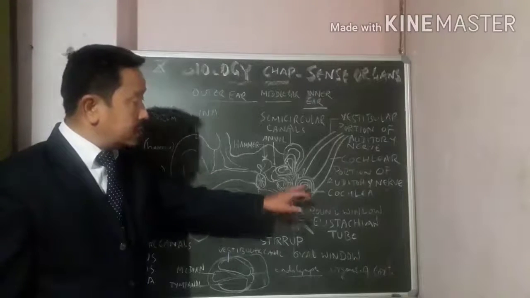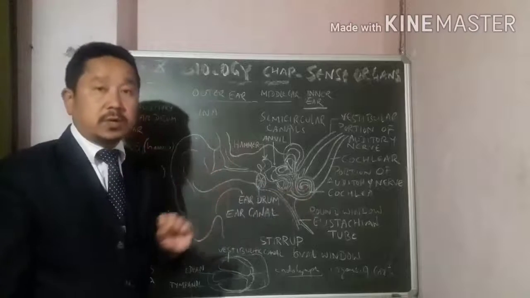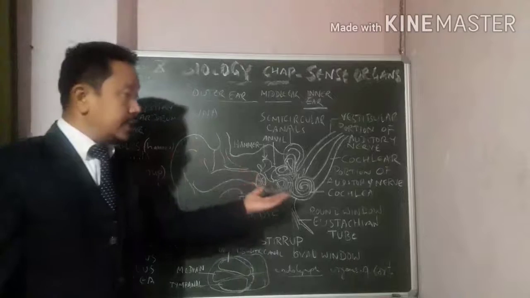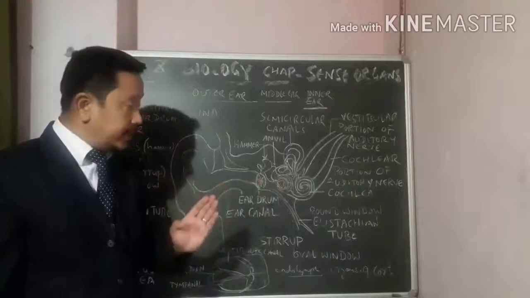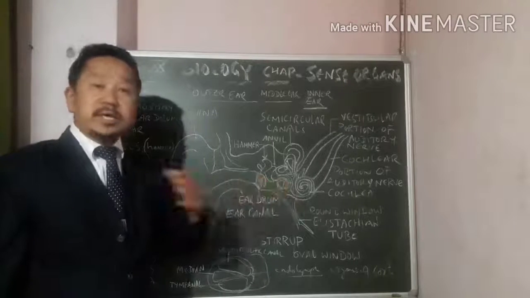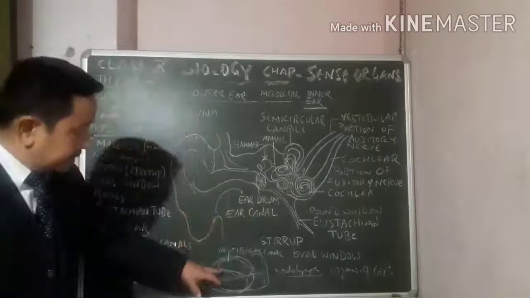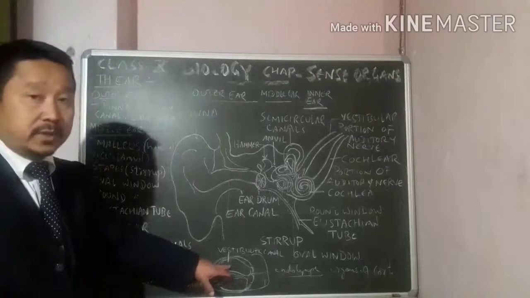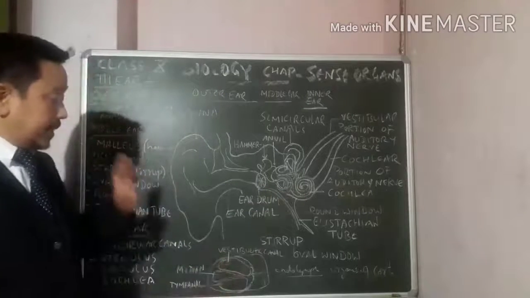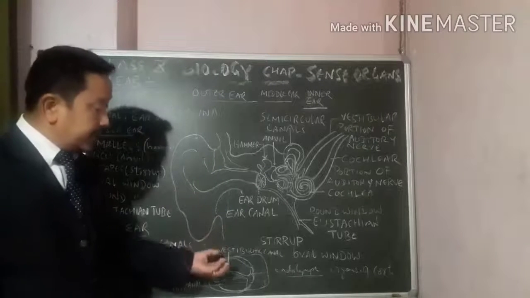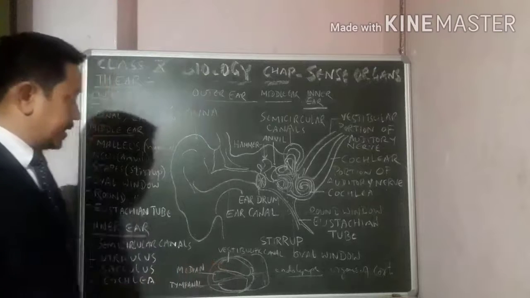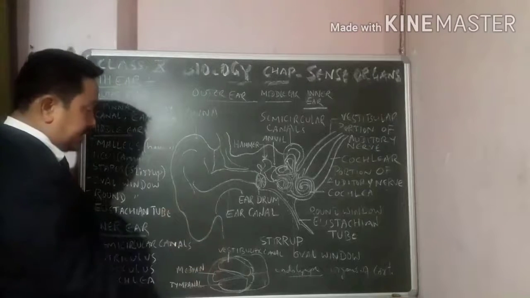The internal canals of this cochlea are divided into three parallel canals, as shown here, separated by means of membrane. These three canals have been named like this.